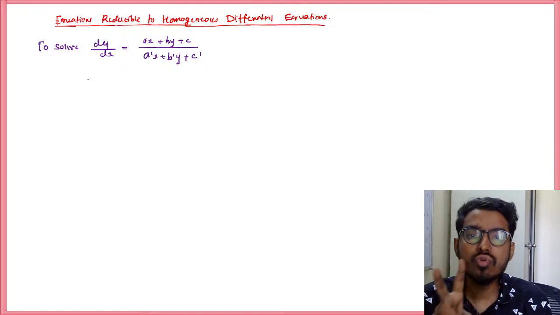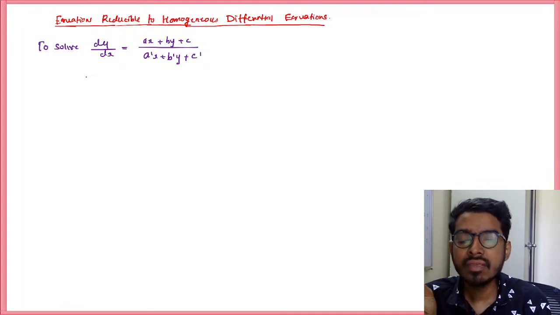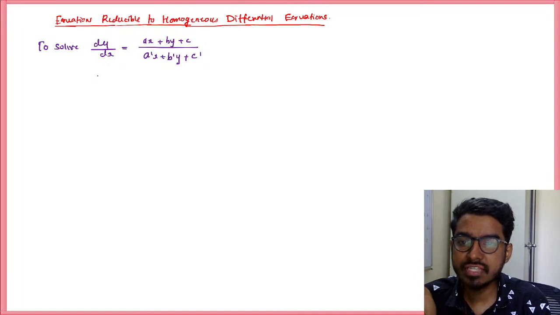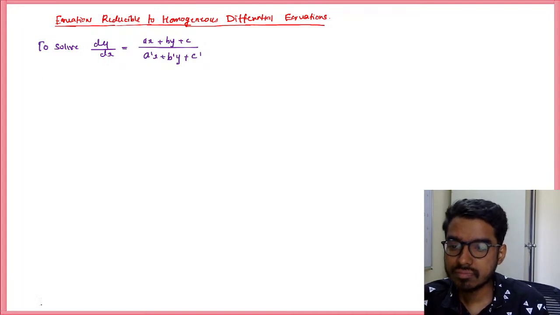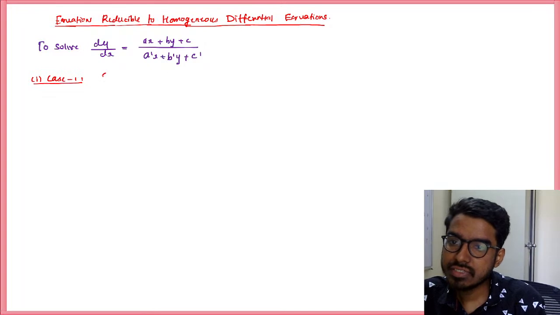Now we will have two cases. We are going to discuss case 1 in this class, and we're going to solve problems based on case 1 today. The next class we will be discussing case 2. So what is case 1? Case 1 is when the ratio a by a dash is not equal to b by b dash.